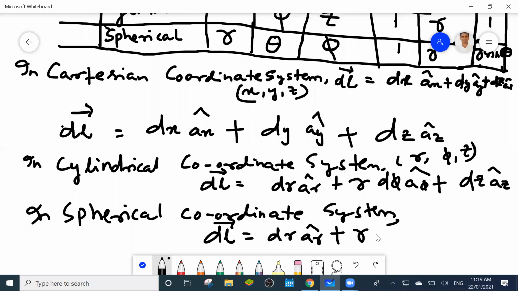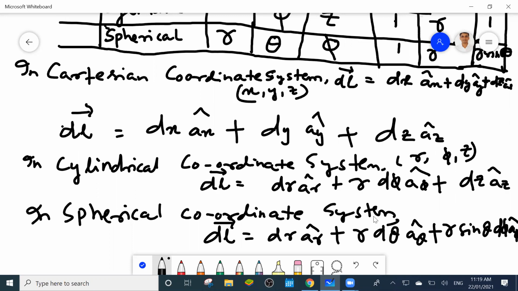So r d theta a_theta cap, plus r sin theta d phi a_phi cap.